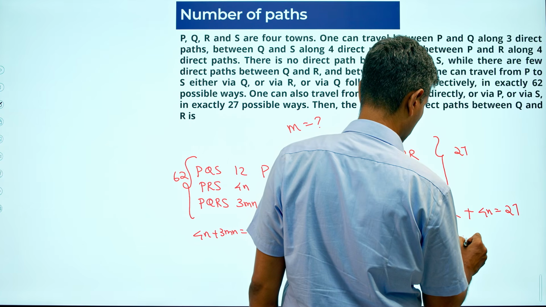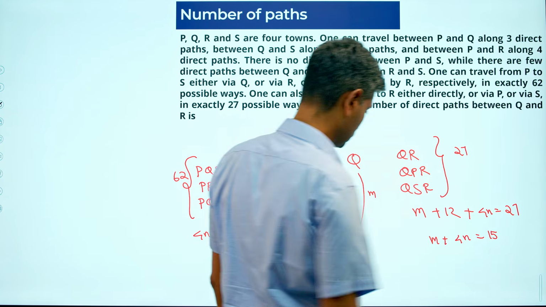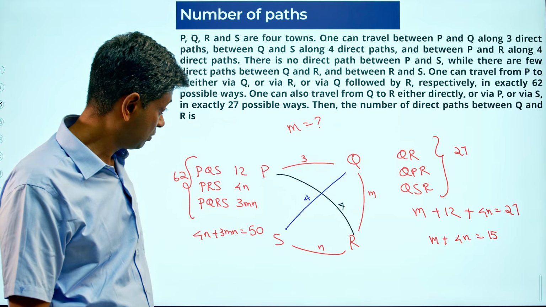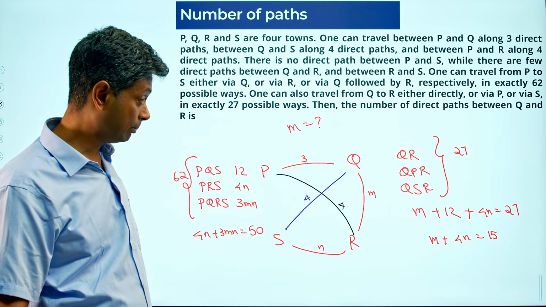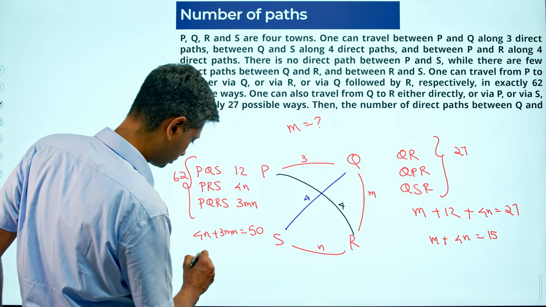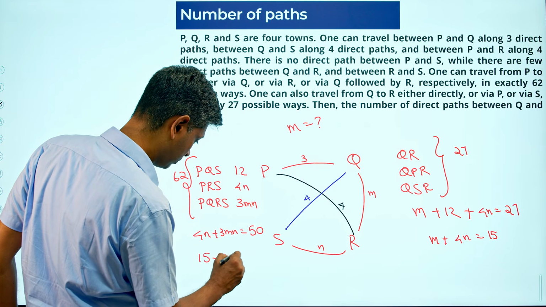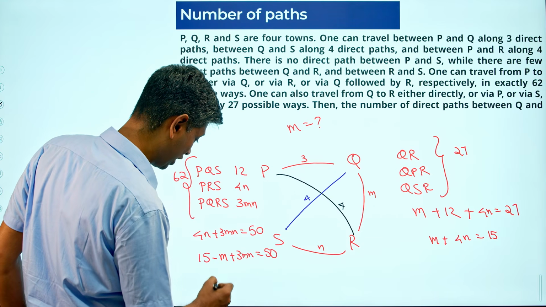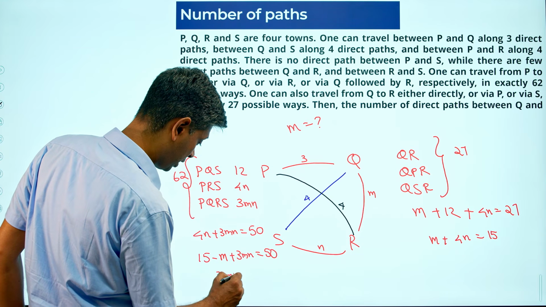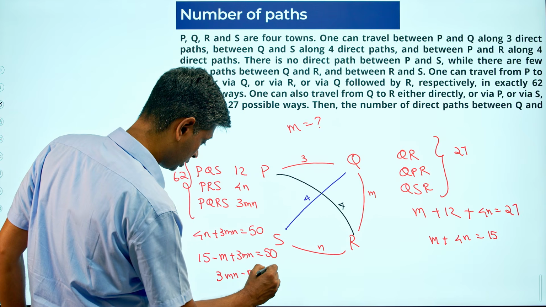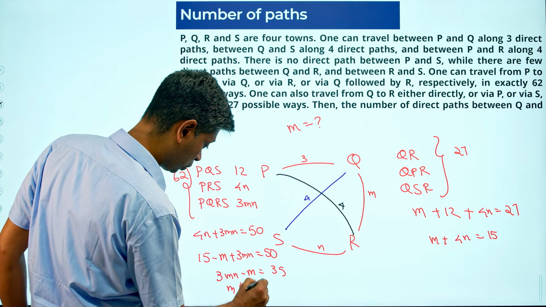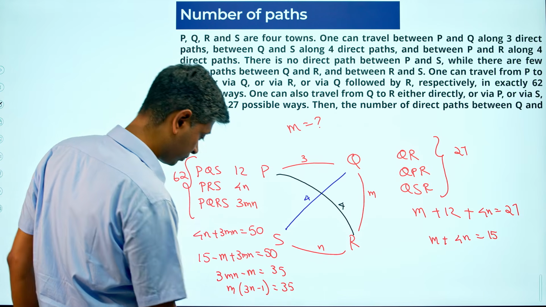M plus 4N is equal to 15. 4N can be written as 15 minus M. So 15 minus M plus 3MN is equal to 50. Not of much help, but okay, 3MN minus M is 35. M into 3N minus 1 is 35.